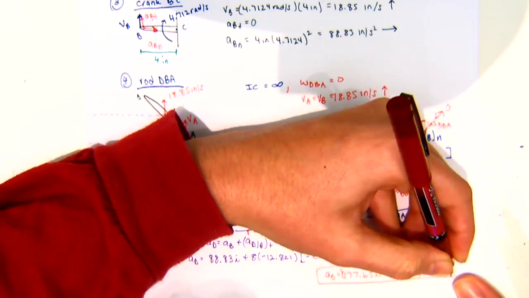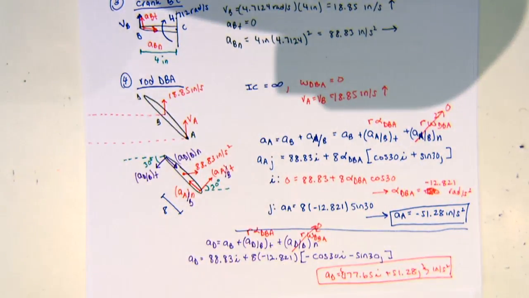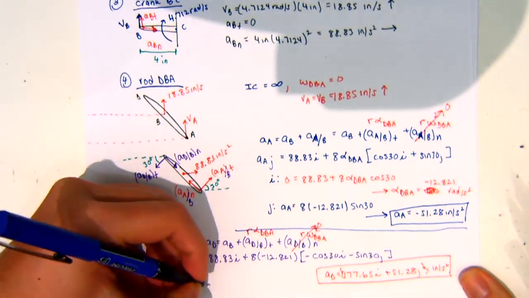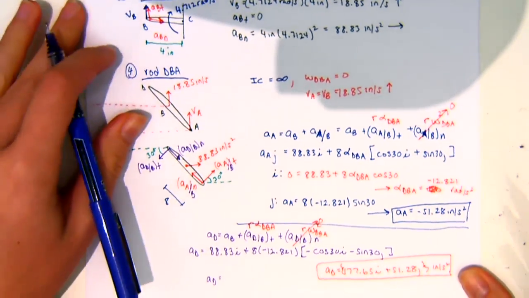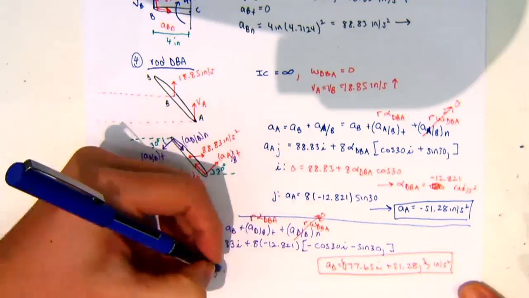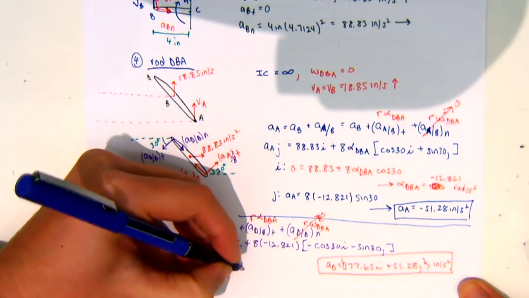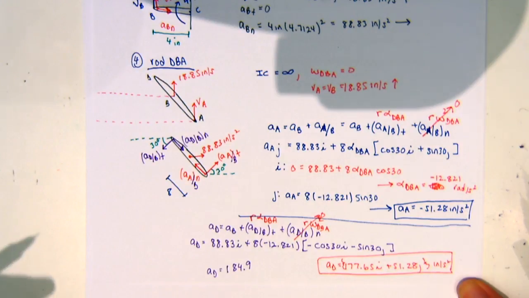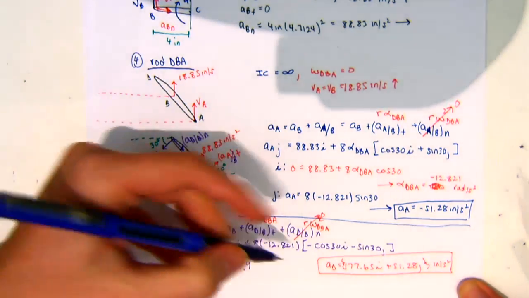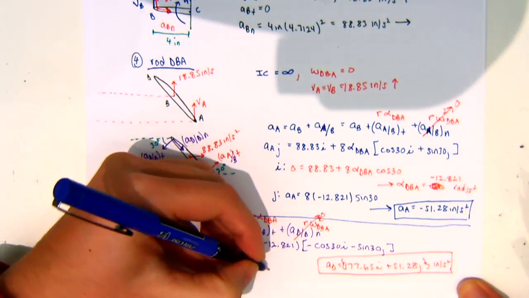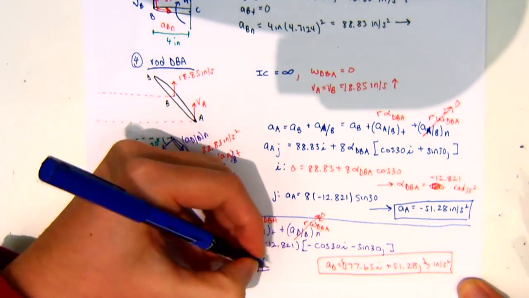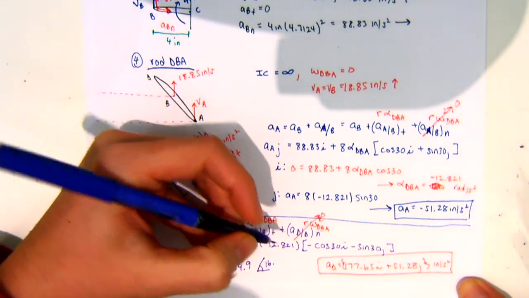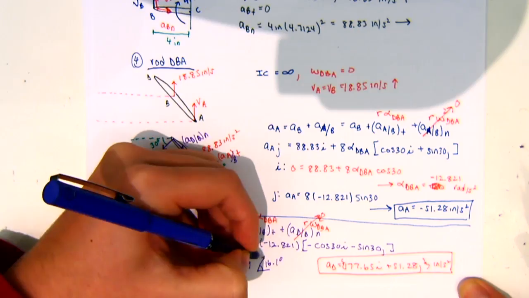And then if you were so inclined, you could find the magnitude of this. Take the square root of the sum of the squares. That would give you 184.9. And if you did tangent to get the angle, this is at an angle of 16.1 degrees.